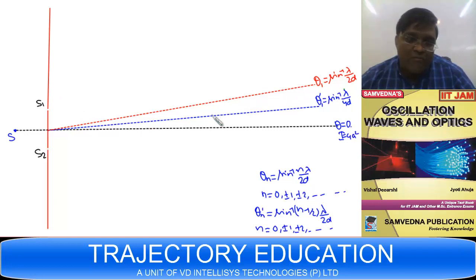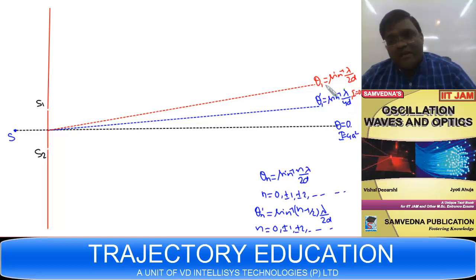This is the maxima. At all these points, the light reaching from S1 and S2 will form the maximum intensity. It will undergo constructive interference. The intensity will be 4a square. In this case, the intensity is 0. In case of maxima, the intensity is 4a square. So all these points lying on this line, the intensity is going to be 4a square, because at all these points, the light coming from S1 and S2 will undergo constructive interference.